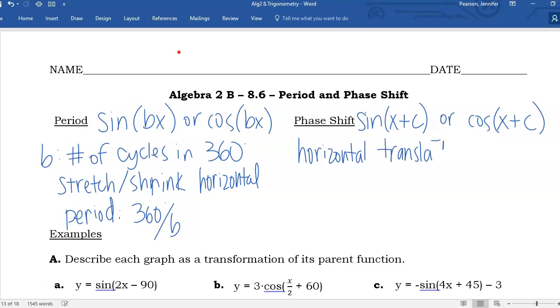And if you don't remember these words, when we talked about transformations of functions, that means we're going to slide the graph left and right. And so already sine and cosine are horizontal translations of each other.